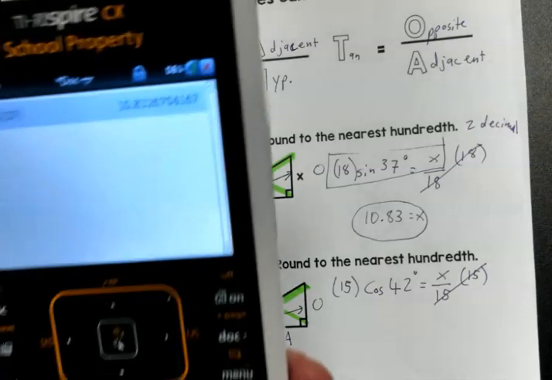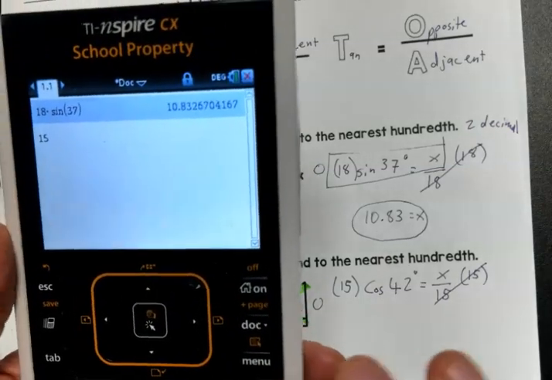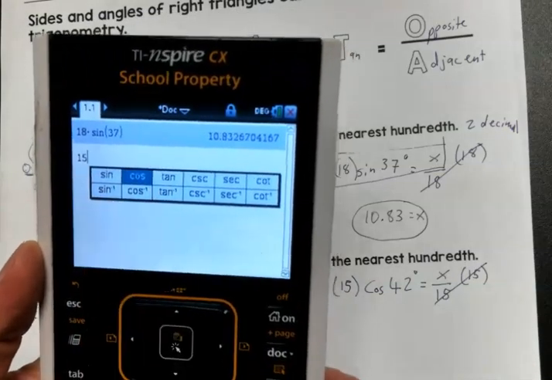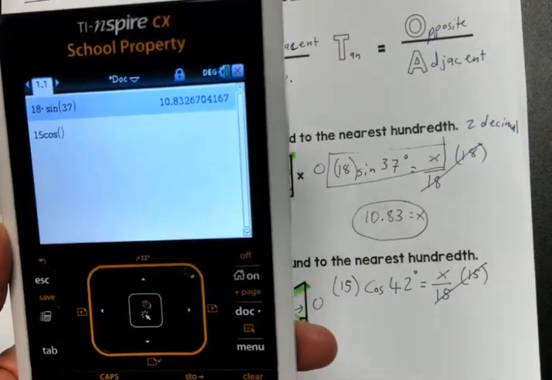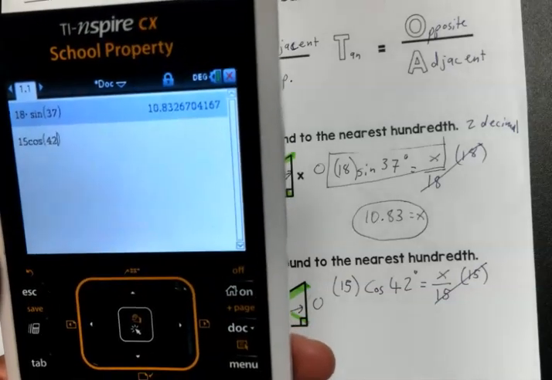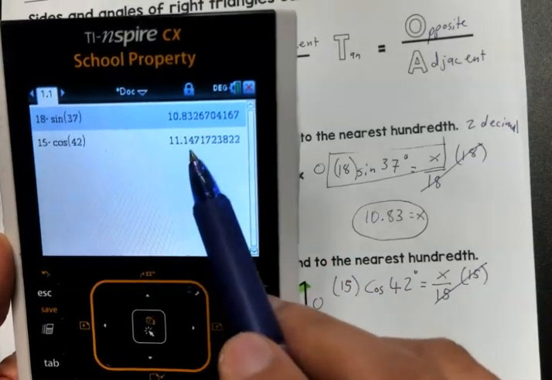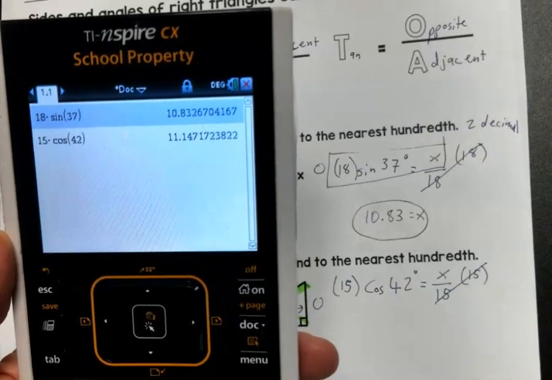So 15 trig. This time instead of sine, I'm going to go to cosine. I'm going to put my angle. And I get 11.147.